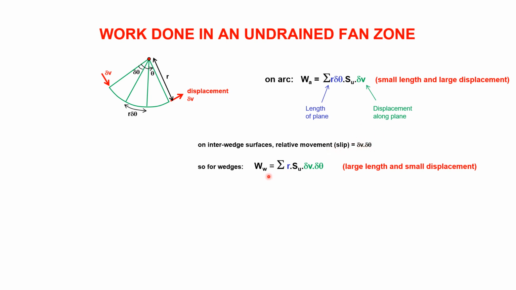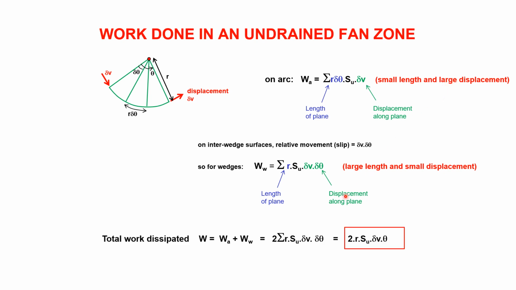So for the wedges, the work dissipated is the length R, strength SU, delta V delta theta. That's the displacement. So this is, if you like, a large length, small displacement, whereas this one is small length and large displacement. Anyway, notice that these two are the same, so you get 2R SU delta V theta. Theta, remember, is the included angle of the whole fan zone.